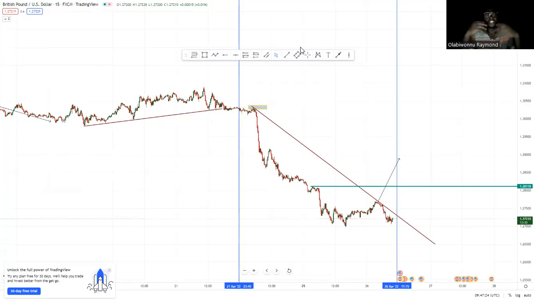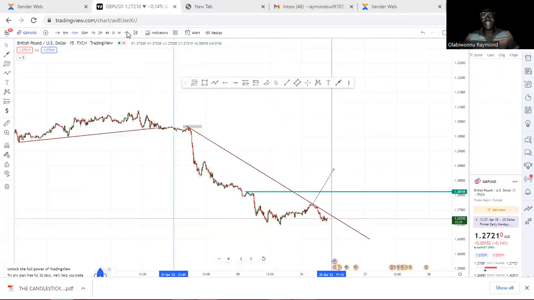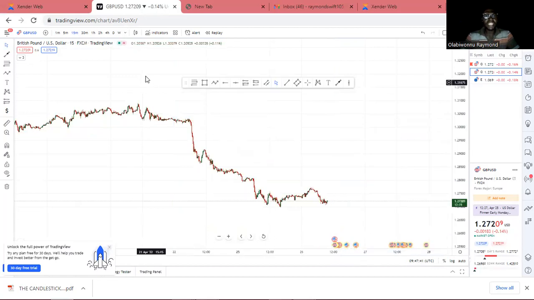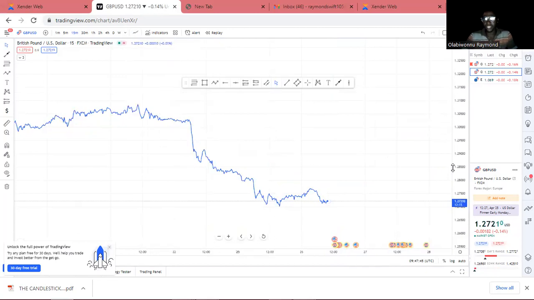Same thing as forex. This forex thing you'll be seeing, it is not like this. These things you are seeing are just to give us a better understanding of what's happening in the market. The normal way the market should be is in form of a line chart.